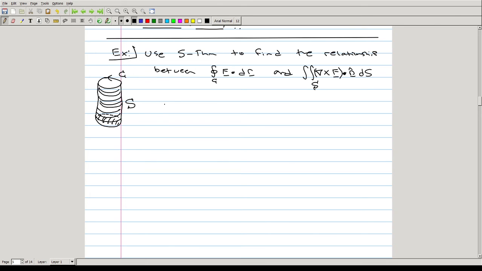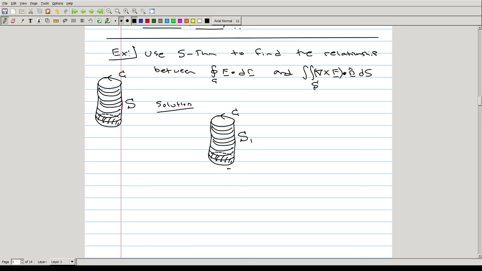So the solution is to do the following. We will split this surface up into two parts. And we'll call the side S1.